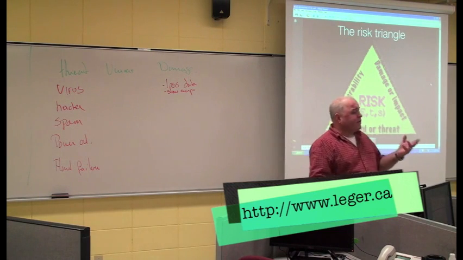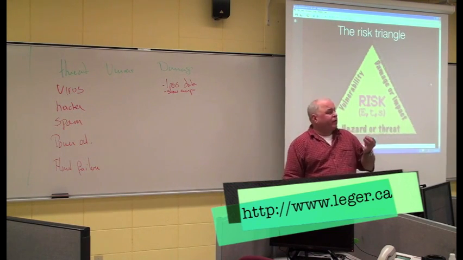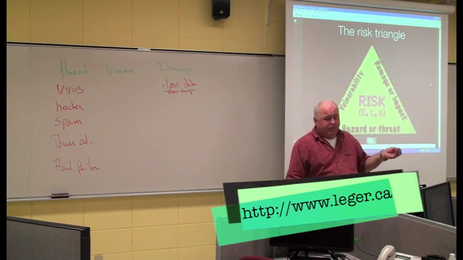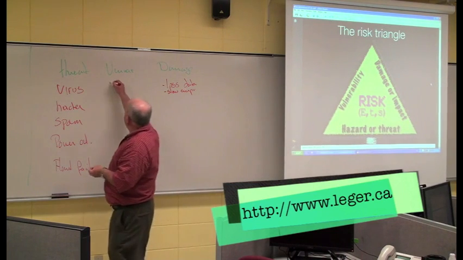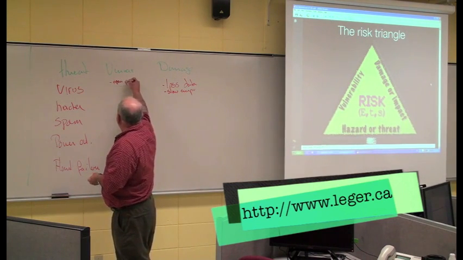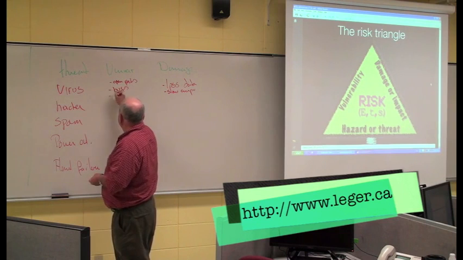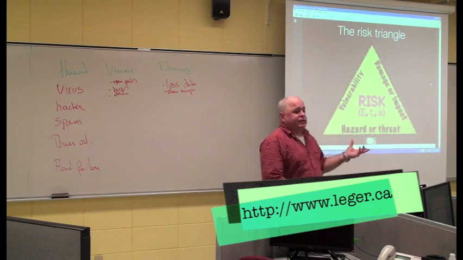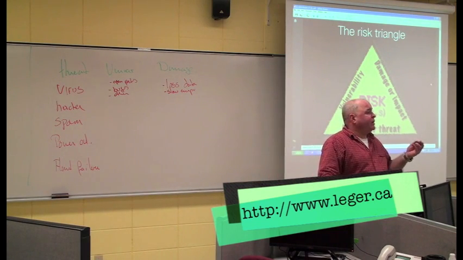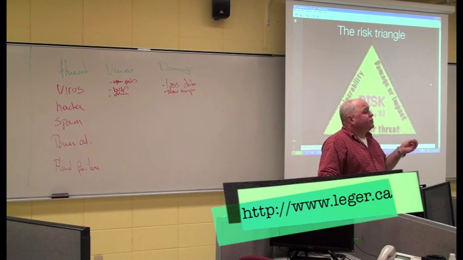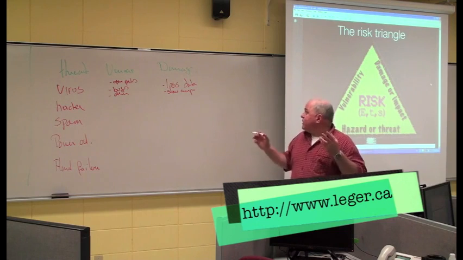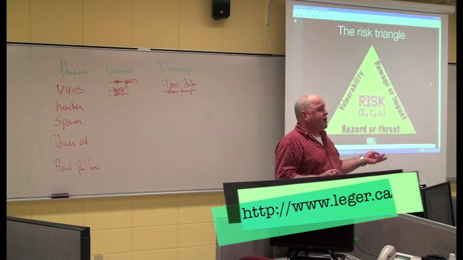But we talked a minute ago about weaknesses, like bugs in the operating system, for example, right? Like open ports, bugs, and other types of issues that are built into the operating system that may make me vulnerable to viruses. If a virus gets in, it can corrupt and change data.